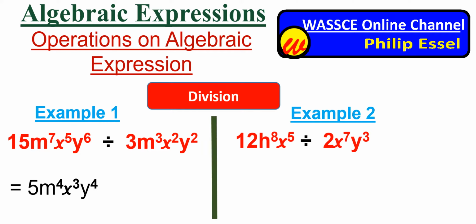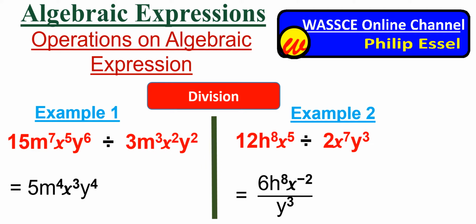Let's look at example 2. For example 2, we have been given 12h exponent 8 x exponent 5 all divided by 2x exponent 7 y exponent 3. So when you are given something like this, you first have to divide the numbers. So first we'll divide the 12 by 2, that will give us 6.